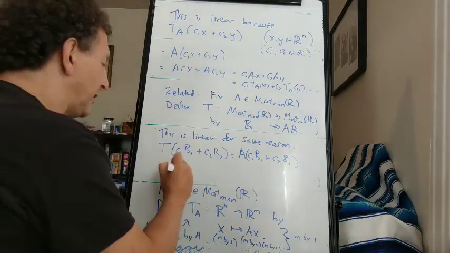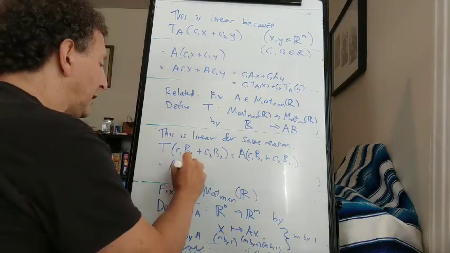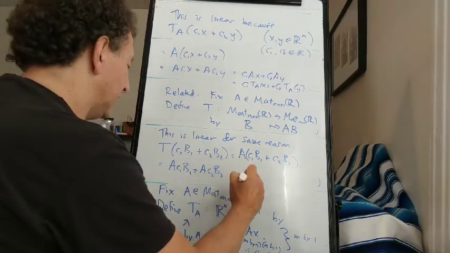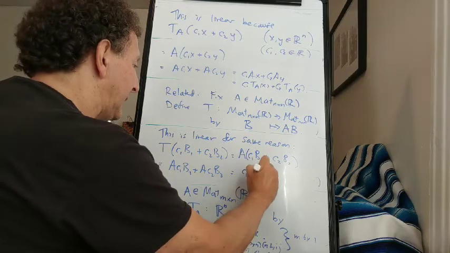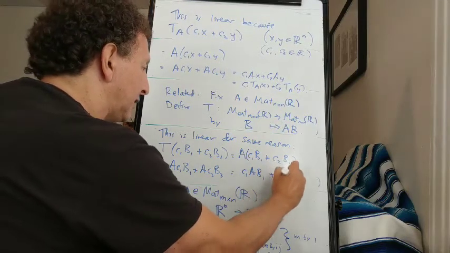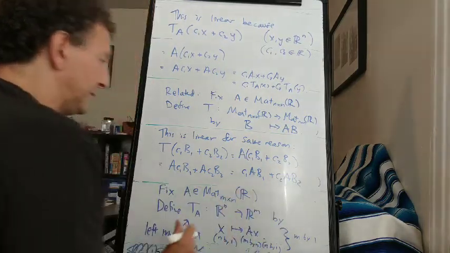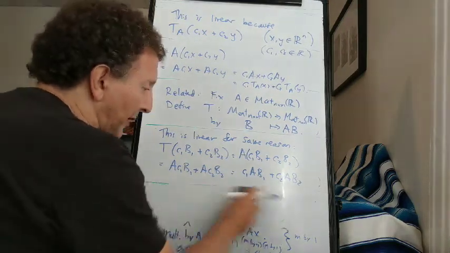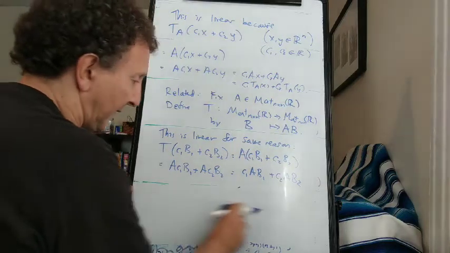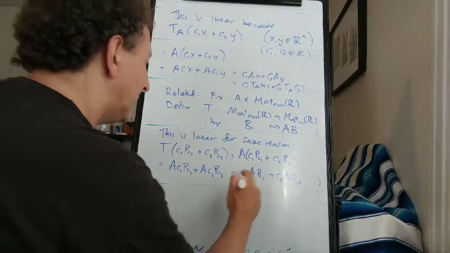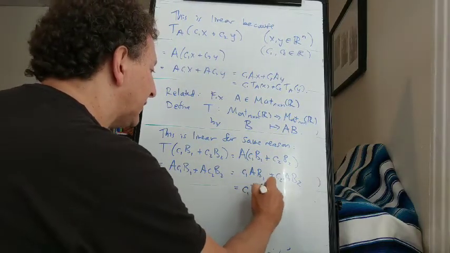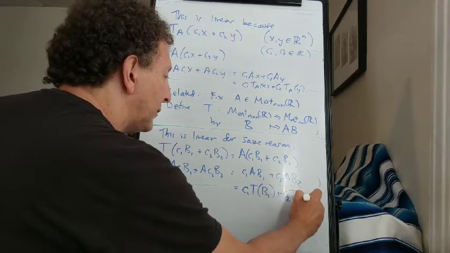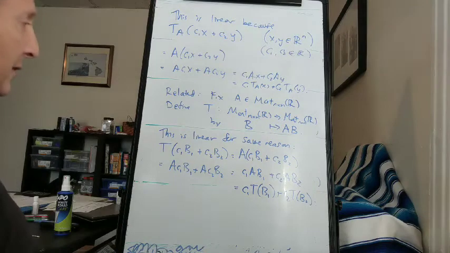And then we can just distribute the A and we get A c1B1 plus A c2B2, which is c1 A B1 plus c2 A B2, just taking the scalars out, which we can do with matrix multiplication. And this is c1 T of B1 plus c2 T of B2. So that's linear also.